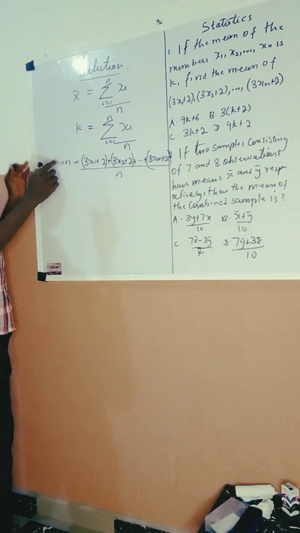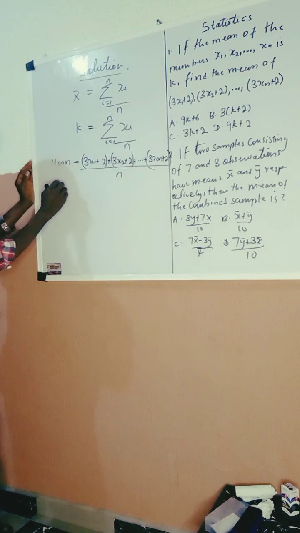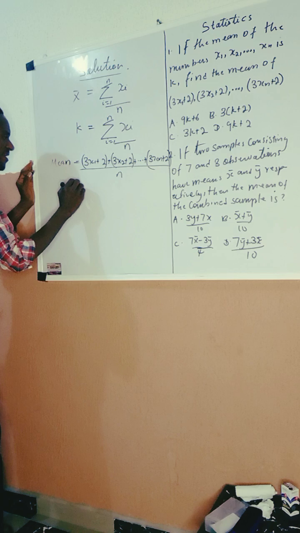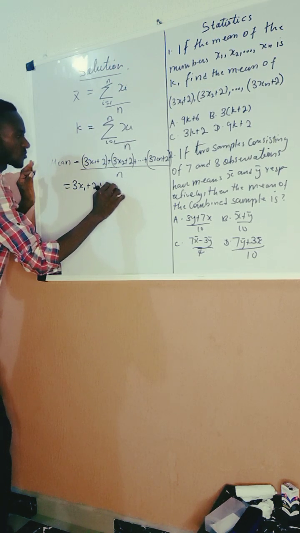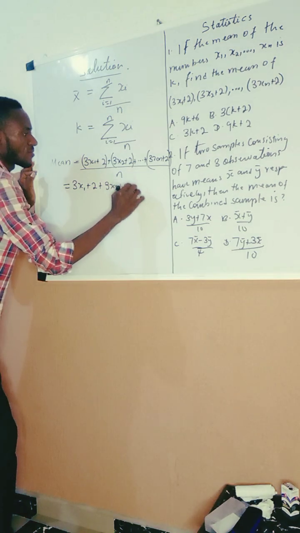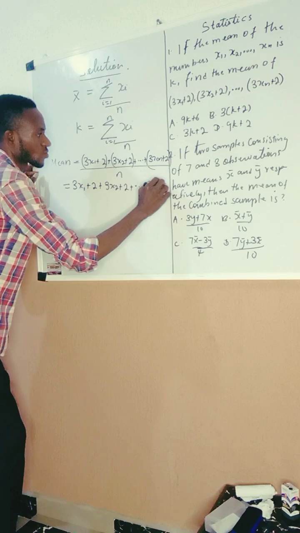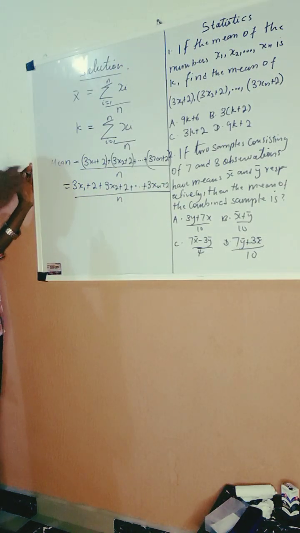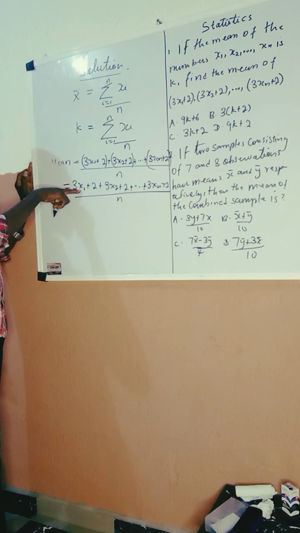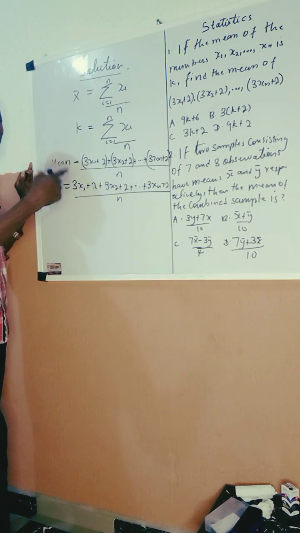Of course, we know that this is an addition sign, so we can decide now to remove this bracket, and what we are going to have becomes 3x1 plus 2 plus 3x2 plus 2 plus 3xn plus 2 all over n. We are going to consider all the numbers with 3x, 3x, and 3x, in as much as these two are constants.